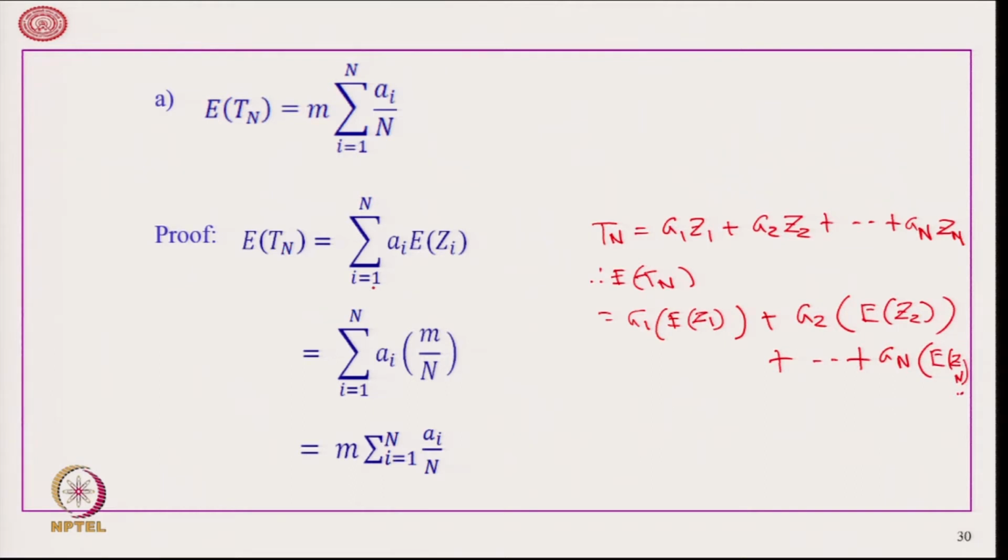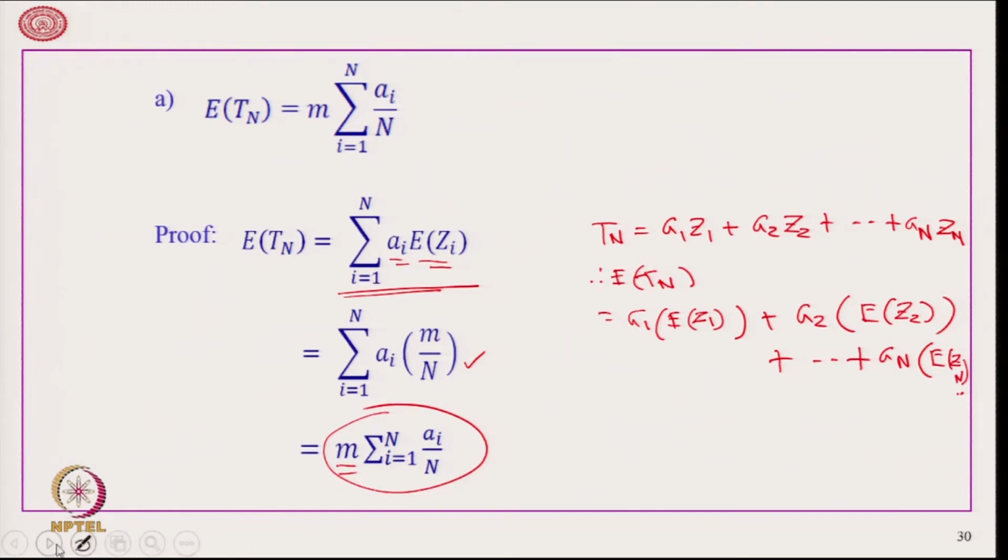So, this is equal to Σ_{i=1}^{n} a_i times the expected value of z_i, which is a_i times m upon capital N, summed over i equal to 1 to n. If we take m upon N out of the summation, we get the result.